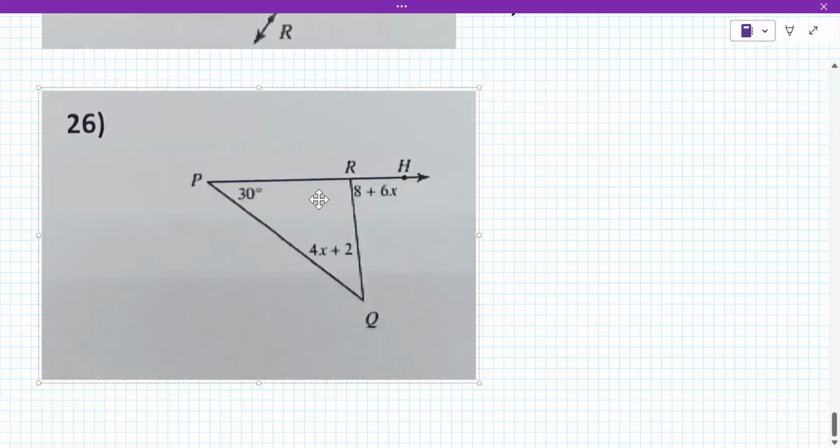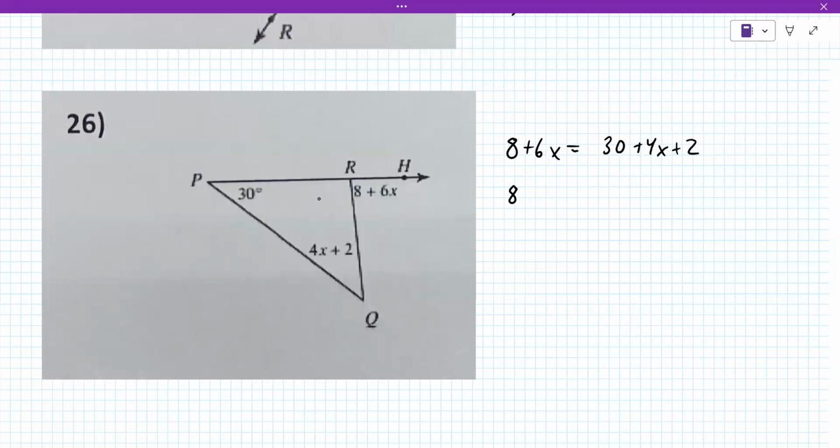Okay. So the shortcut is 8 plus 6x equals 30 plus 4x plus 2. So on the right, we can combine like terms, 32 plus 4x. And then solve for x.